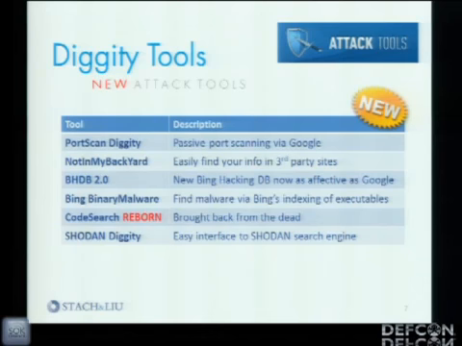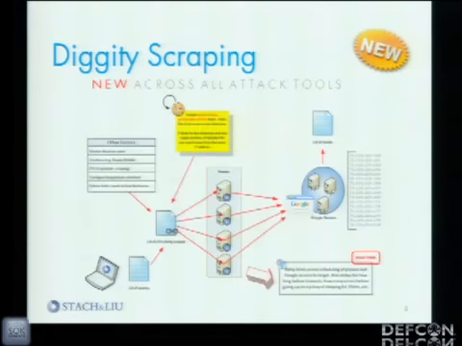I want to get right into some of the new tools that we just released. But even before we get into that, one thing to note: until this version, we had hooked up the Bing API for Bing Diggity and the Google Custom Search API for Google, but now that Bing is moving to a pay model, and just to get the number of results that we really want, we've implemented scraping of Google across all of the attack tools, which was no easy task.